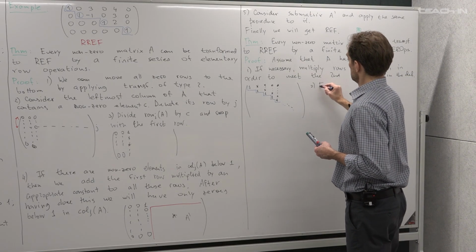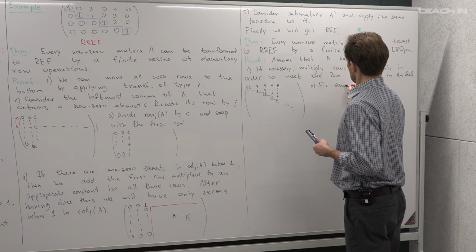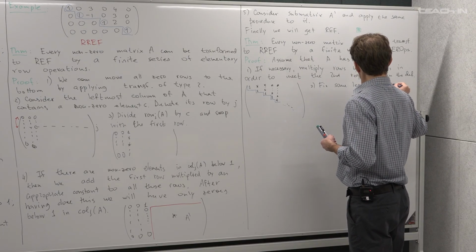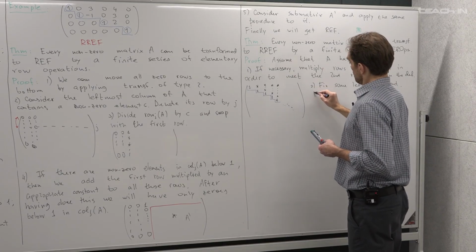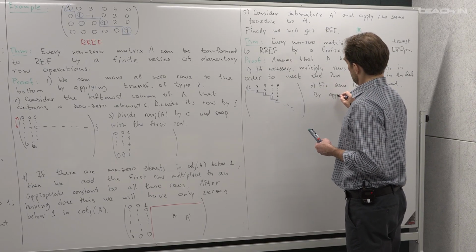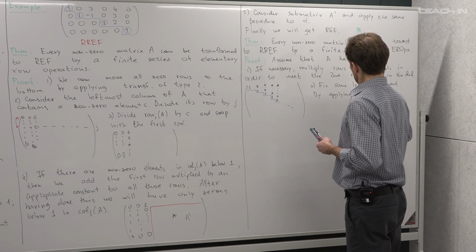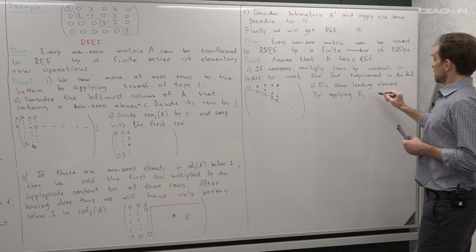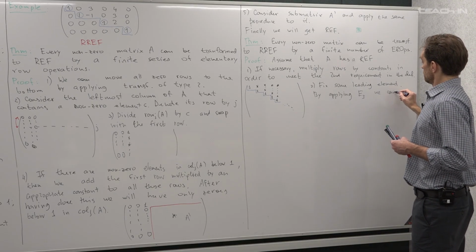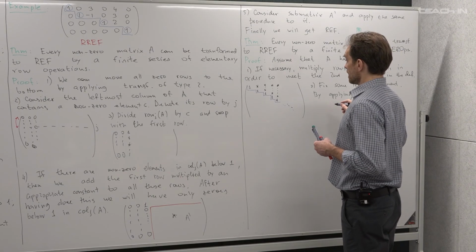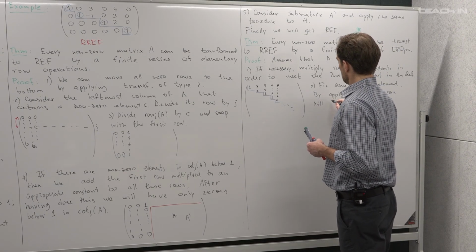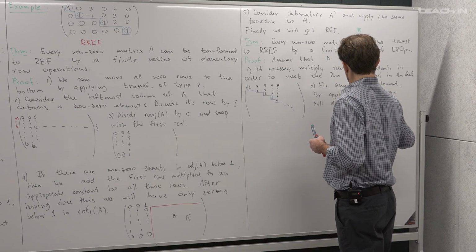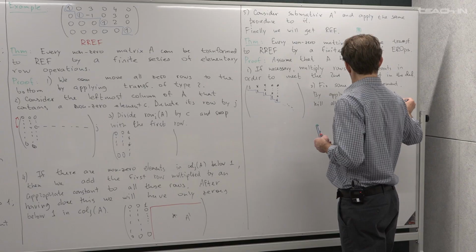So fix some leading element. By applying these elementary row operations, we can kill all the elements above.